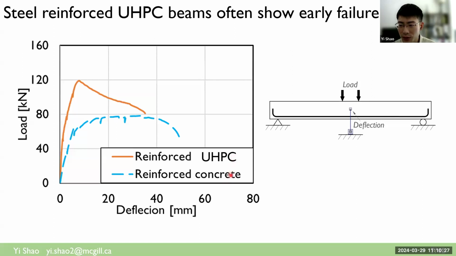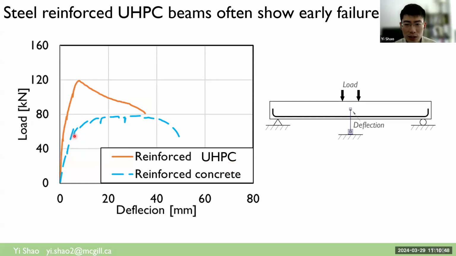The only difference is that one beam has a matrix of UHPC with 2% fiber volume, and the other beam has a matrix of conventional concrete. So these two beams have the same reinforcing steel and the same reinforcing ratio.